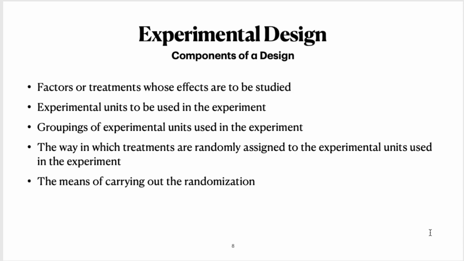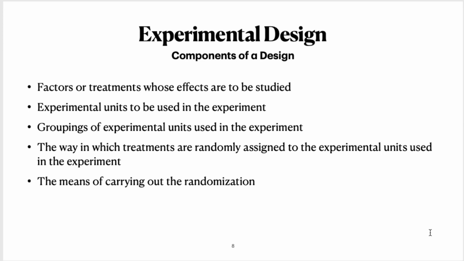All right, now let's talk about the components of an experimental design. In general, when we talk about an experimental design from the standpoint of statistics, there are factors or treatments whose effects are to be studied via the experiment. There are experimental units to be used in the experiment.